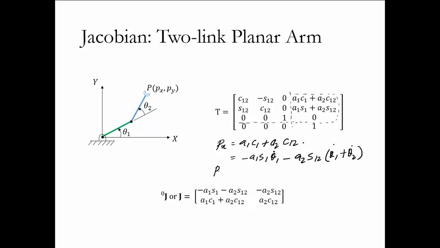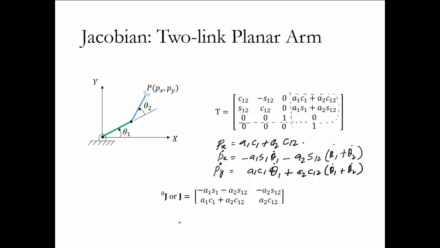And py dot is equal to a1 cos theta 1 theta 1 dot plus a2 cos theta 1 2 times theta 1 dot plus theta 2 dot.